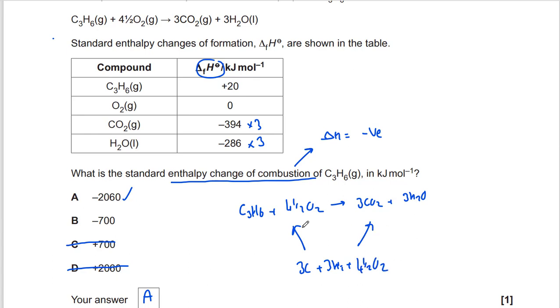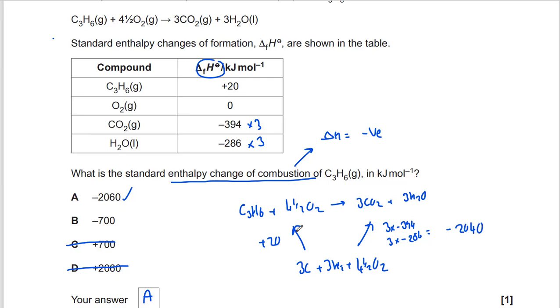Doesn't matter about those. Right, left-hand arrow is plus 20. Right-hand arrow is 3 times minus 394 and 3 times minus 286, all combined together. So 3 times minus 394 plus 3 times minus 286 gives us a grand total of minus 2040.